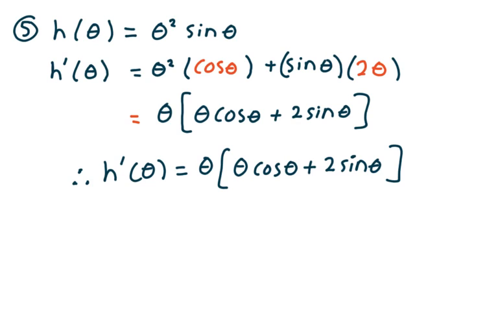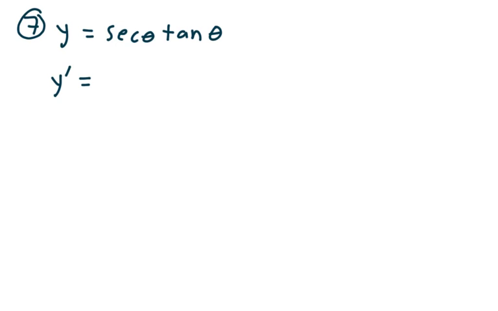If we take a look at problem 7, suppose y equals secant theta tangent theta, and I want y prime. So I'm going to write down the first function, which is secant theta.